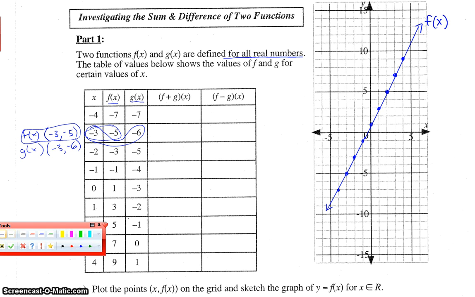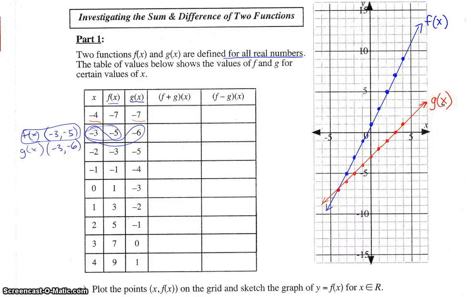Just keep in mind that for g of x, you're using this x value and this y value. So (-4, -7), same point. Next one would be (-3, -6). You go ahead and do that. I will as well. Pause your video and we'll see if we get the same line.